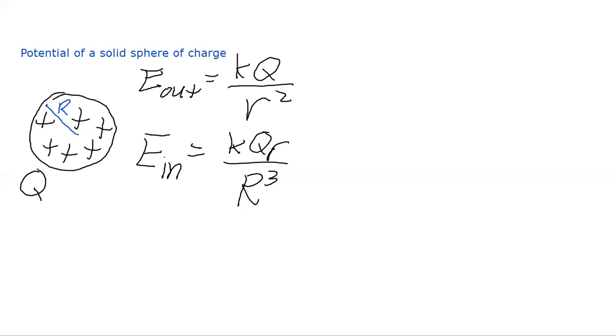All right. Okay, so we have E out equals kQ over r squared, E in equals kQr over R cubed. So what I want to do is find the voltage. What is the voltage at some points? And so voltage is always a difference.